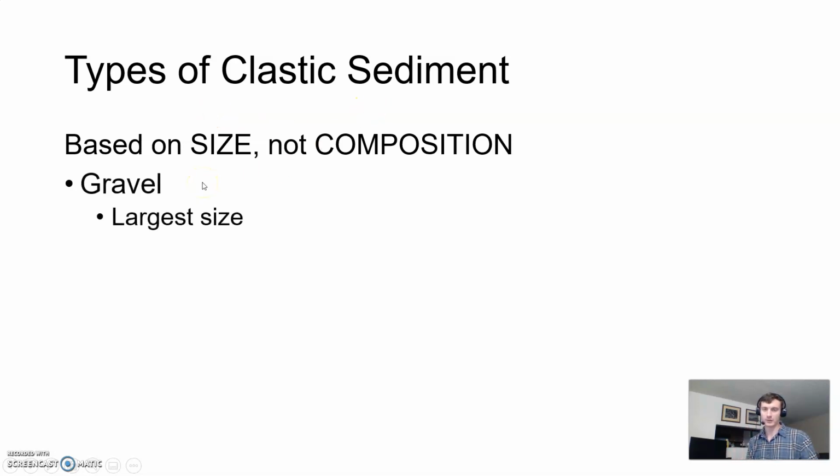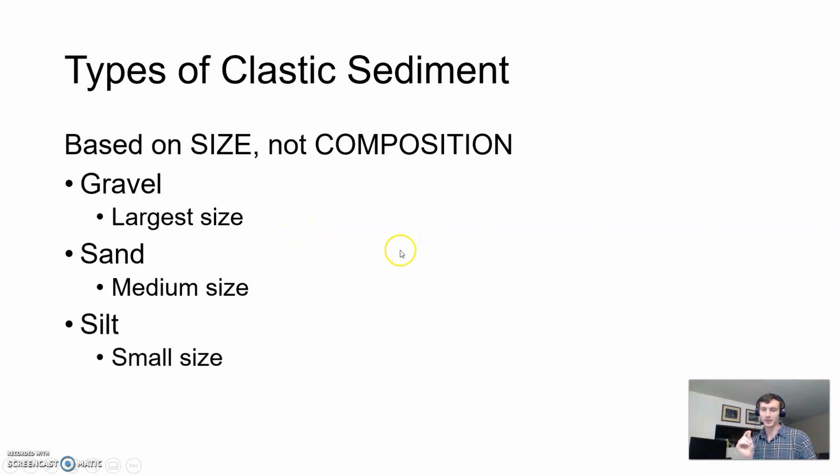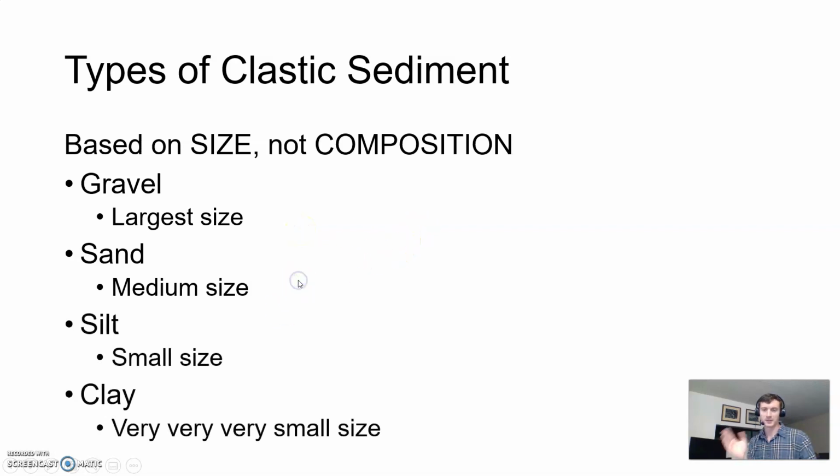So we have gravel, which for our purposes is all the big stuff. Think about somebody getting a bunch of gravel, which they put in their yard. These are bigger chunks, not quite fist size necessarily, but bigger than sand, our medium-sized stuff. And then we get down to the smaller things, which you could never really see with the naked eye: silt, and then the very, very small clay.